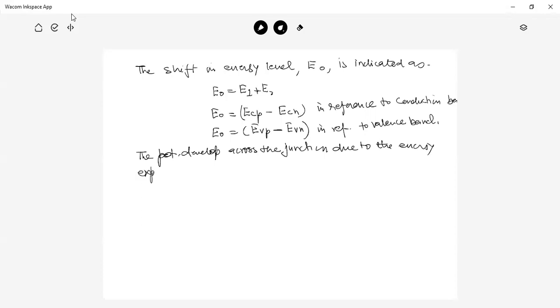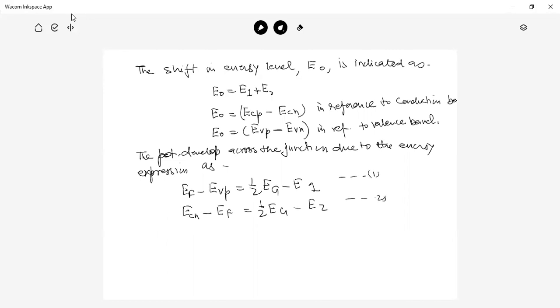expression as EF minus EVP is equal to 1/2 EG minus E1, half of this. And ECN minus EF, in case of the N-type, is 1/2 EG minus E2. This is equation 1 and this is equation 2.